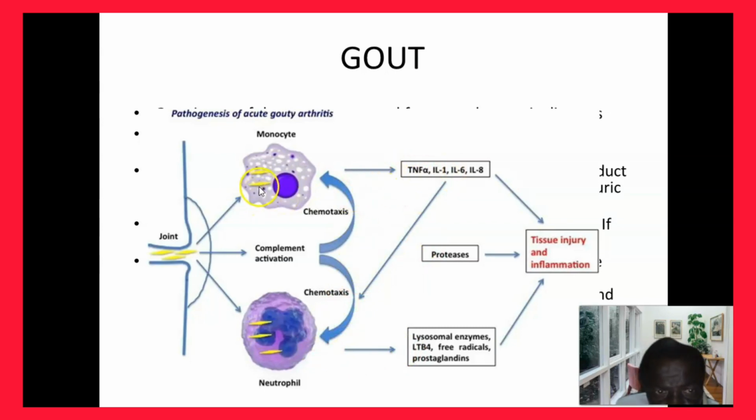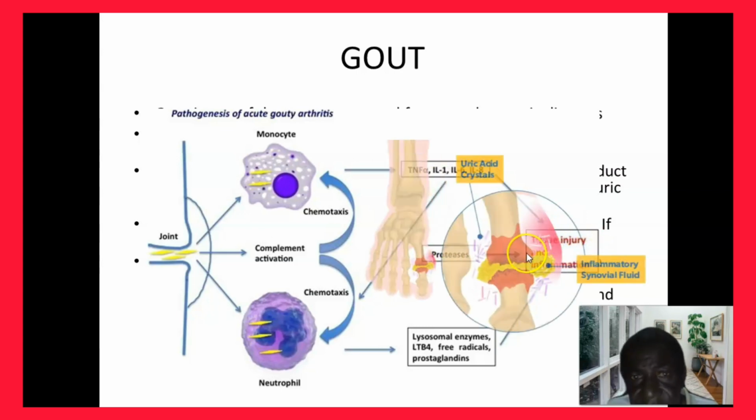But these are very sharp, and destroy even the neutrophils, the phagocytes, creating a serious situation of pus being there. The tissue injury and inflammation is what you now see in this picture.